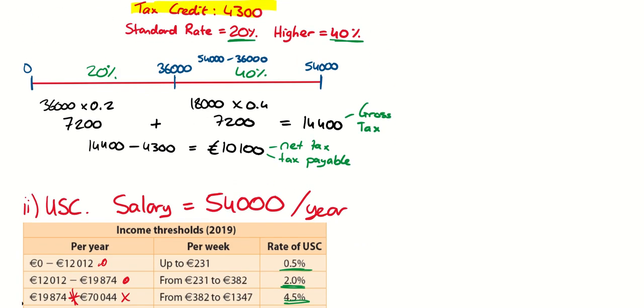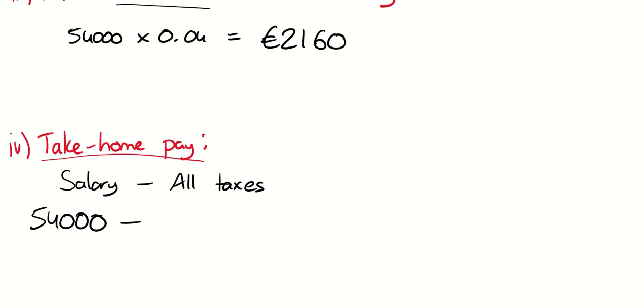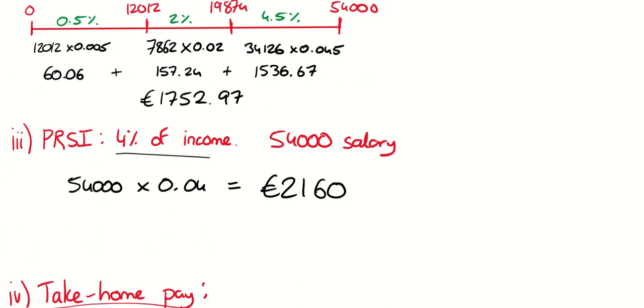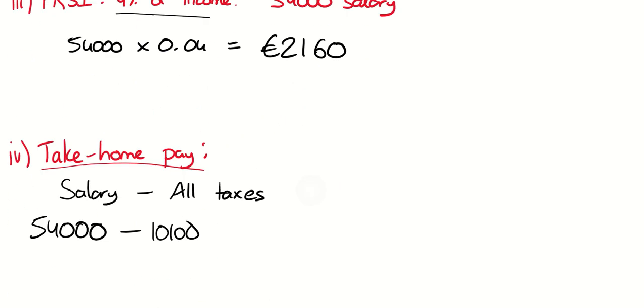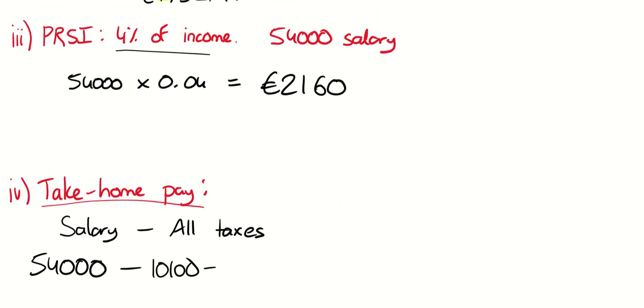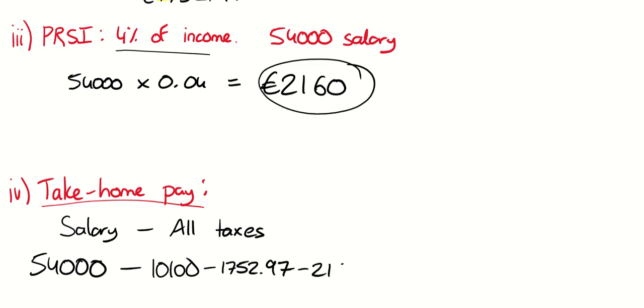So we've got his first tax was 10,100. So we subtract that off, minus 10,100. His second tax then was 1752.97. So minus 1752.97, and then also your 2160, minus 2160.